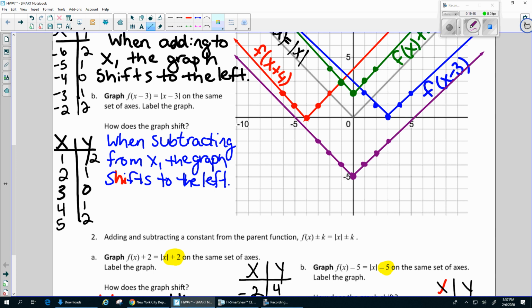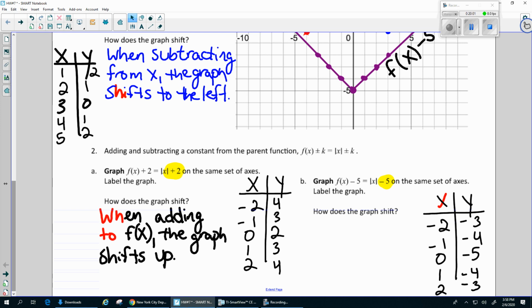So let's label our graph. I have f of x - 5. How does the graph shift?